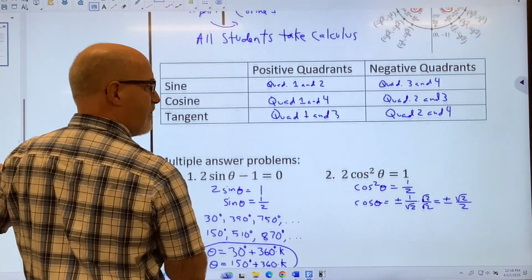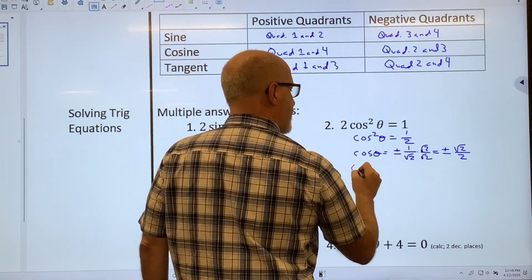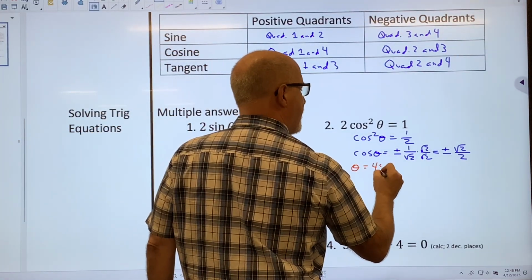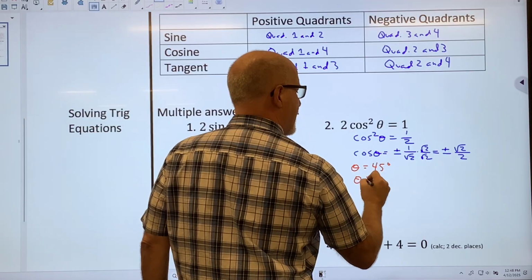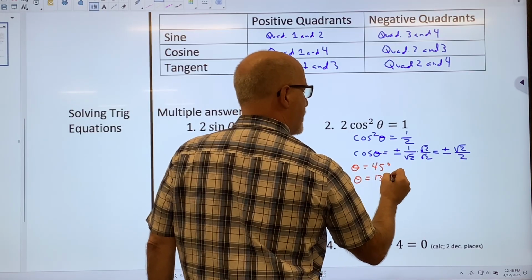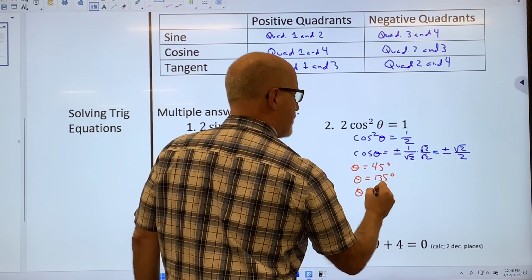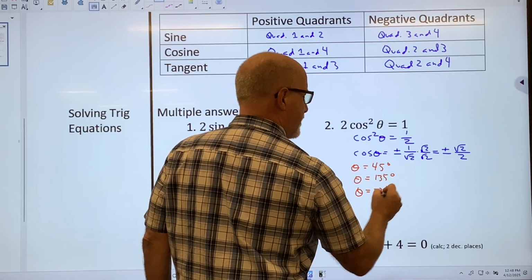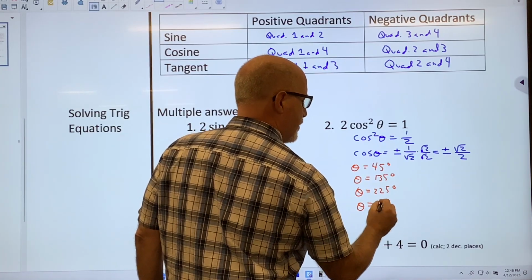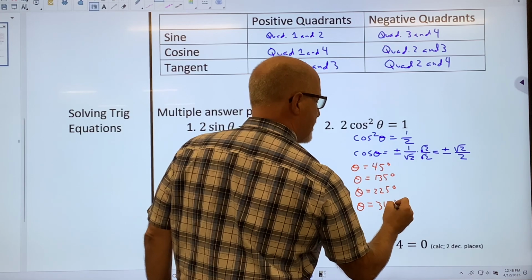So theta will equal 45 degrees. Theta equals 135 degrees. Theta equals 225 degrees. And theta equals 315 degrees.